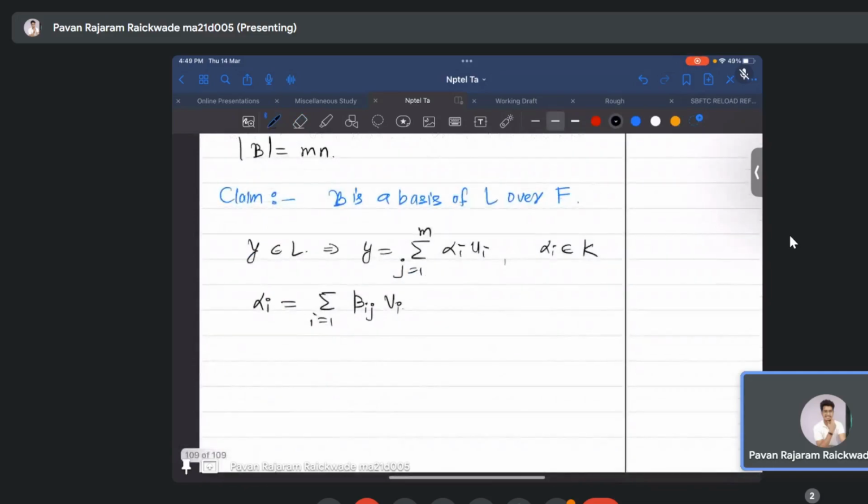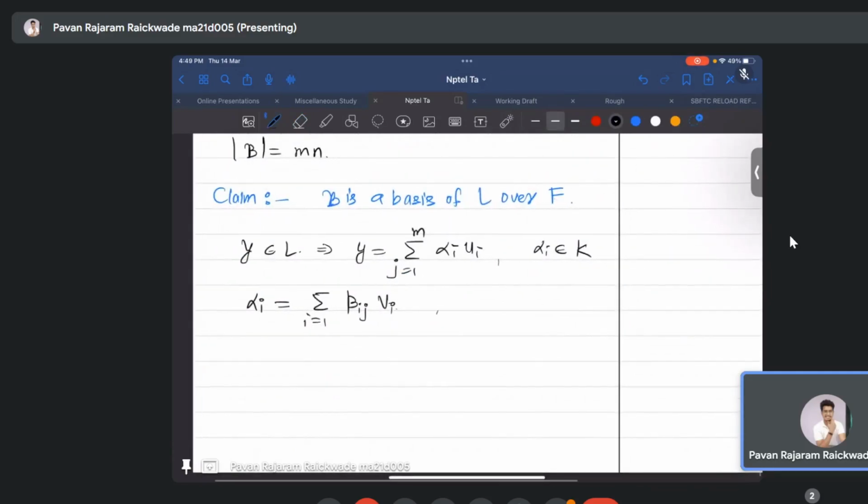Okay, so now this is the representation. This is happening for every i, for each i, right? Because alpha i are in K, these beta ij's will belong to F, because K is a vector space of finite dimension over F, right? Now if I resubstitute there, what do I get?